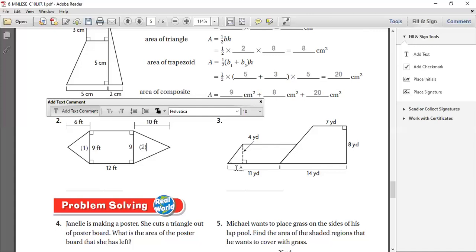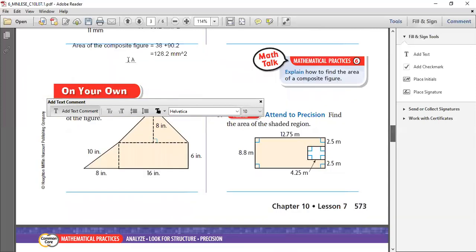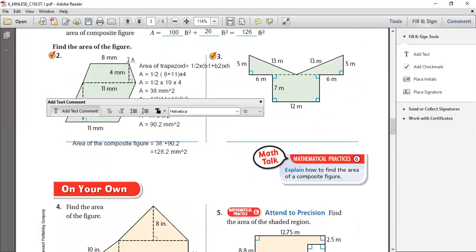If this base is 11, this base is also going to be 11 yards. So you have base 1, base 2, and the height. Then you can find the area of the first trapezoid, then find the area of this figure, and then add them together. This is very similar to what we did in question number 2. You will follow the same steps.